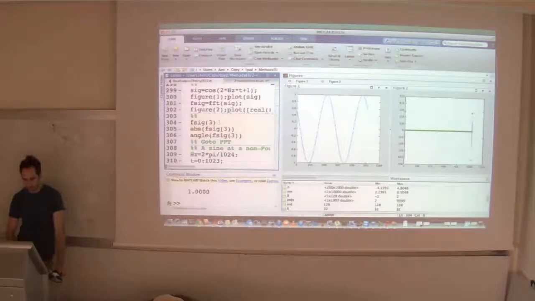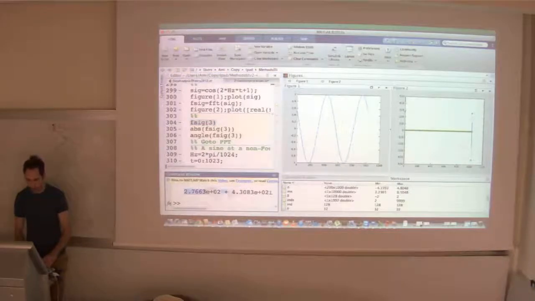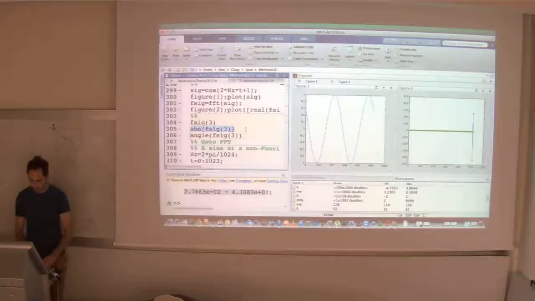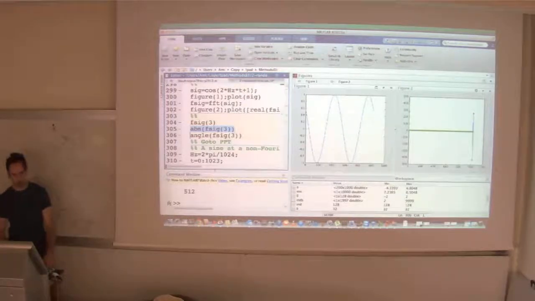So here I just ask MATLAB, what is f sig at entry number 3? So it's this, because it's a complex number. This is the Cartesian representation of it. We can look at the absolute value at this entry, which gives us exactly half of the amount of energy.